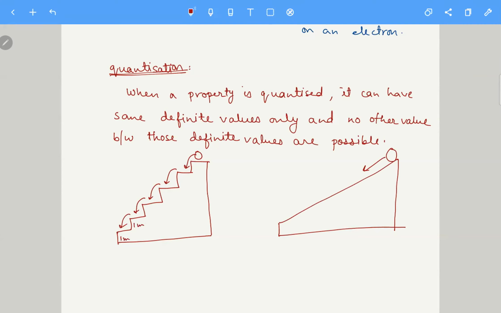The potential energy of the ball is initially 6 mg. As it falls down, it changes to 5 mg, then to 4 mg, and so on.